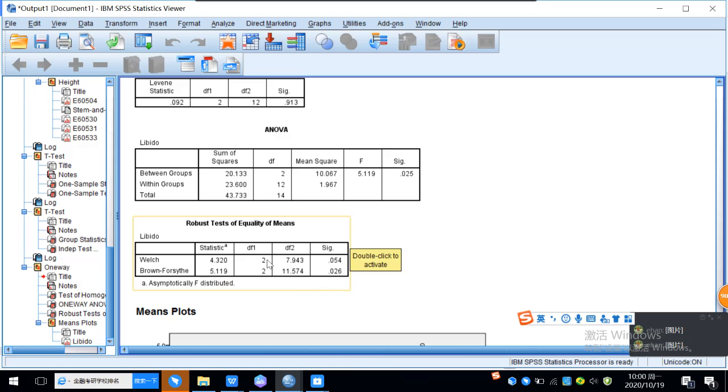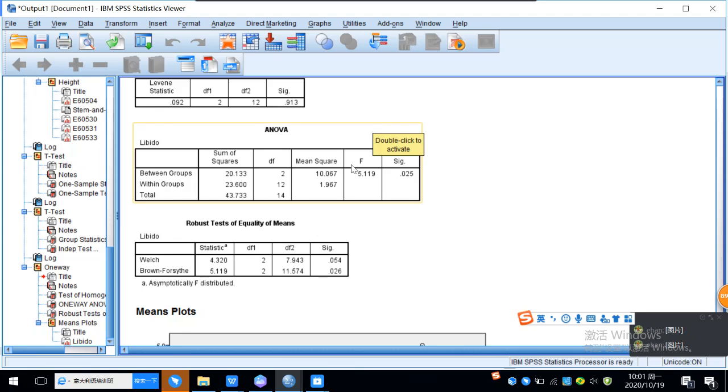This is for unequal variance. This is for when equal variance is assumed. If equal variance is not assumed, then we look at here. If the equal variance is assumed, then we look at here, okay? Okay, from here, look.